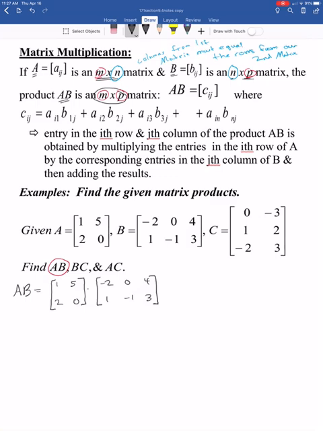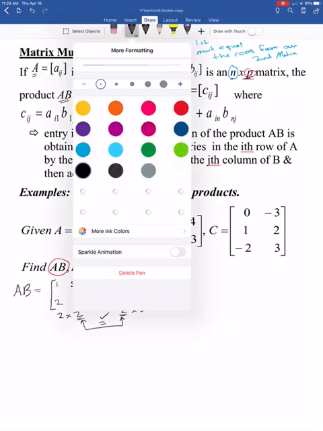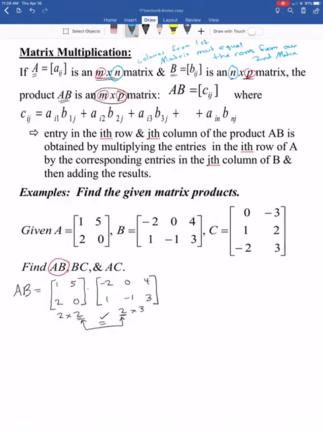I want you to notice the size of these two matrices. Right beneath them, let's always write in our order. So 2 by 2 with 2 by 3. Here's what's the same. This is important. These must be equal. If they're equal, we can move on and find the product. So we compare the other two.